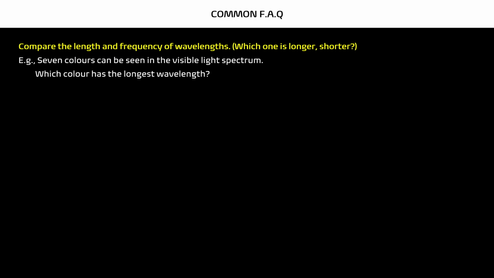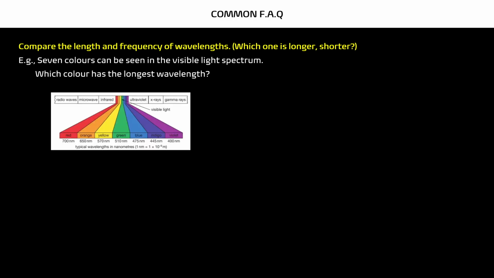So in order to answer these questions, you need to know this diagram by heart. Okay, which waves come first, which waves come later, which waves have shorter wavelength, which waves have higher frequency, and all that. You need to know all about those. So only when you remember this, you will be able to answer that red has the longest wavelength.